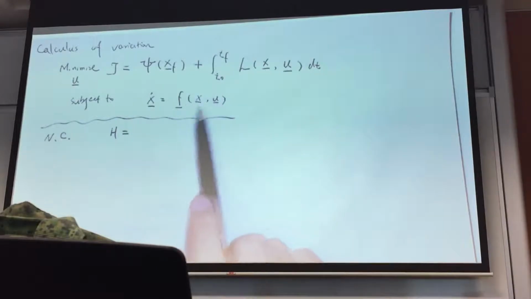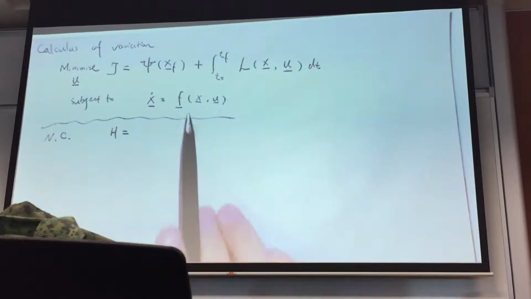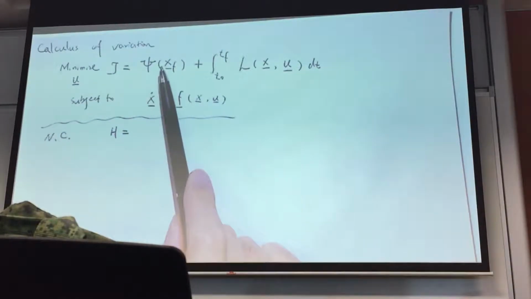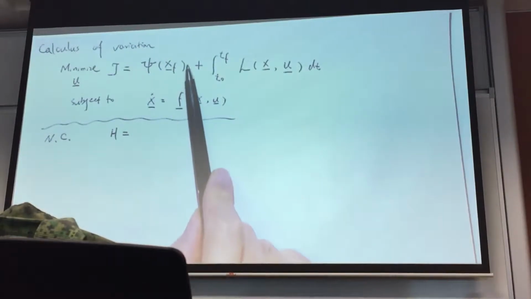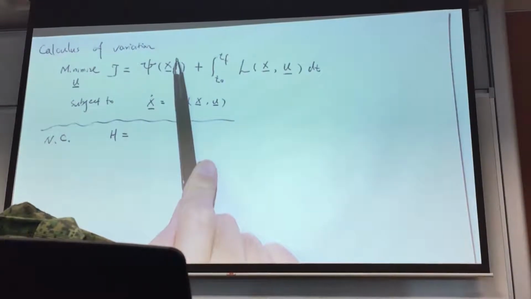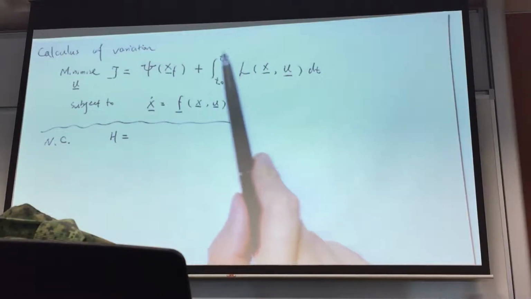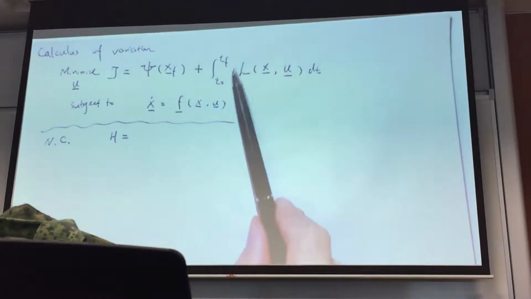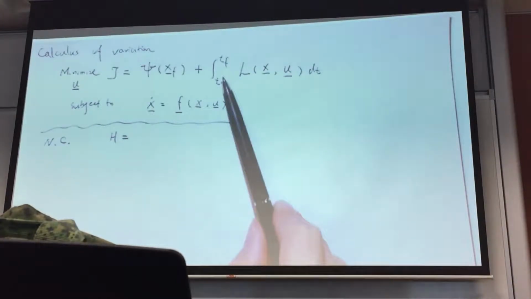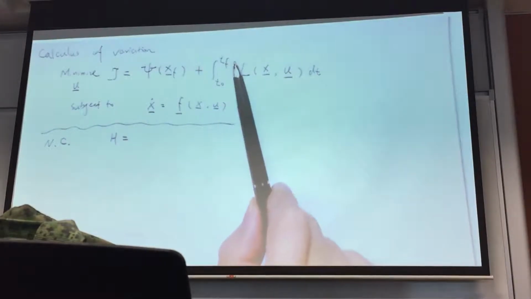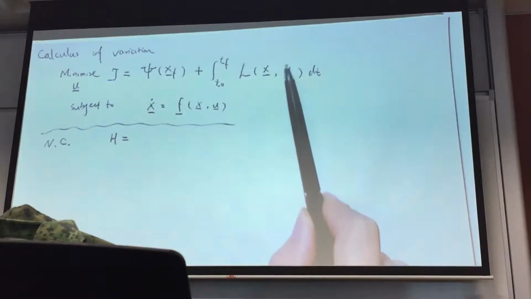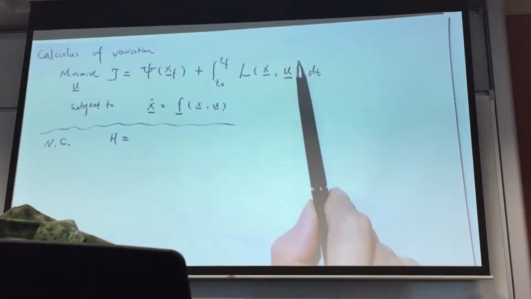Remember how to construct the Hamiltonian. We know the first part of the cost function only depends on the final state, and the second part is the process between t0 and tf, and we have our control u and x here.